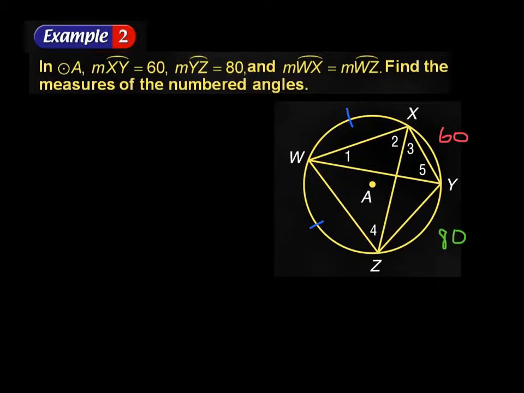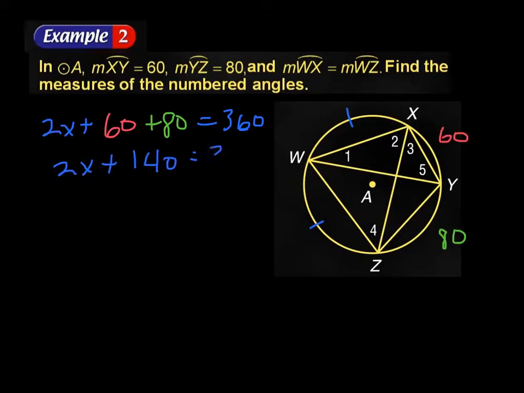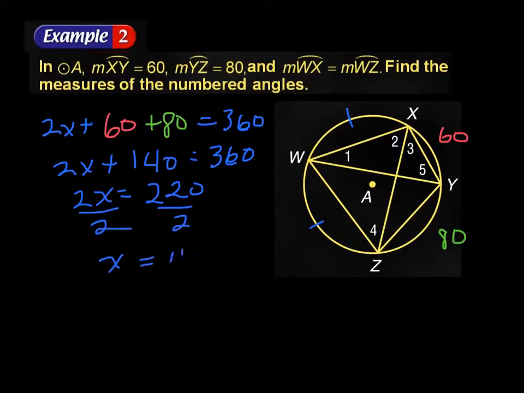So if I let my blue be x, x plus x plus 60 plus 80 altogether should equal 360. So 2x plus 140. Subtract 140 from both sides, and we've got 220 divided by 2. Each of those arcs should be 110.